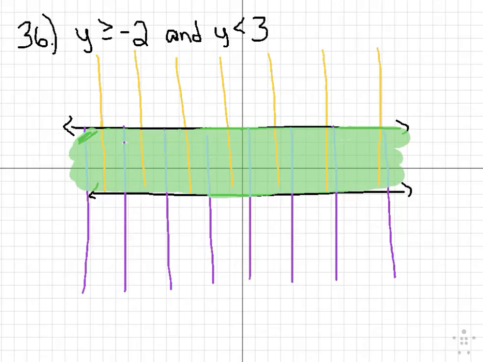Everything in between the two lines, and including the lines, satisfies this solution. I know I didn't see that there for a second, I'm glad I saw that. This top line is actually supposed to be dashed, because it doesn't have an equal sign with it. So the top line answers are not included, but the bottom line is included. It is solid. So watch out for your inequality symbols. Look for those.